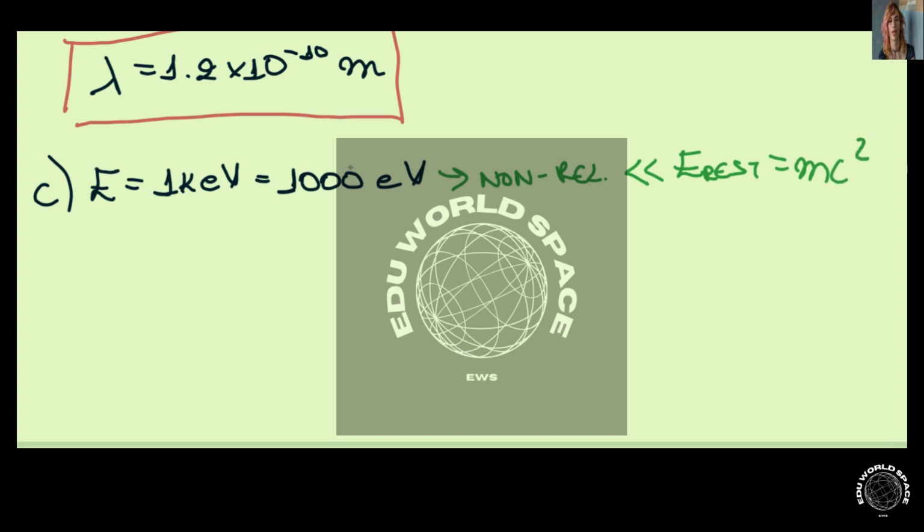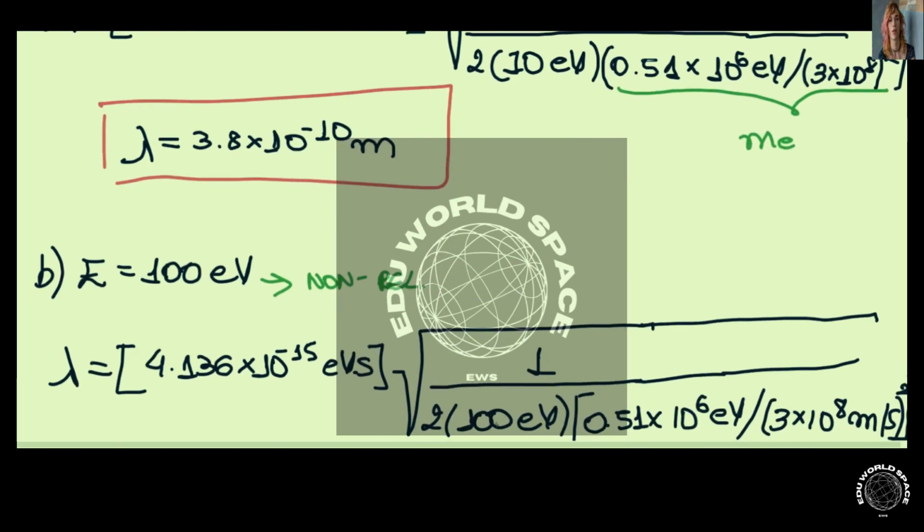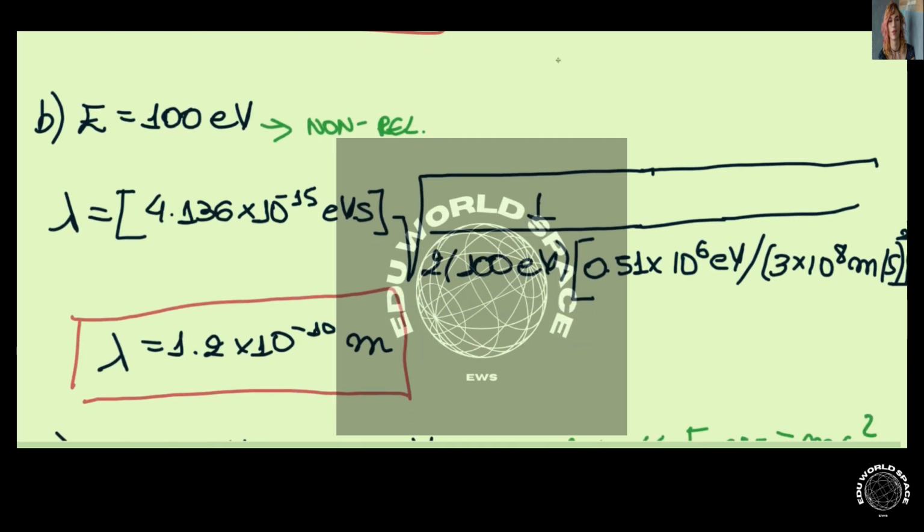So we are working in the non-relativistic regime, so we use the same expression as in questions A and B, and the only thing that we change is the energy of the electron.